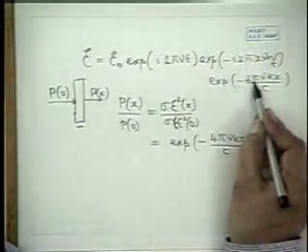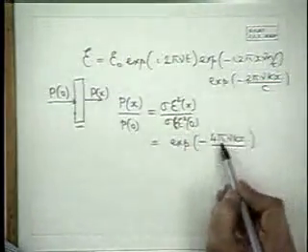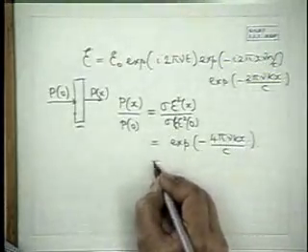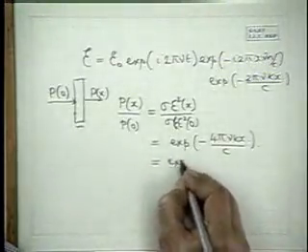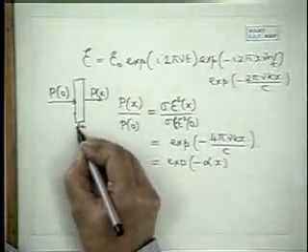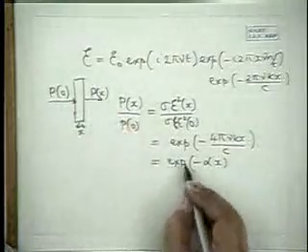We had 2 pi nu here. This is proportional to E squared. Okay, so you have 4 pi nu kx by c. And this is, from definition, also equal to exponential minus alpha x. If this is x, Px is equal to P0 into e to the power minus alpha x.